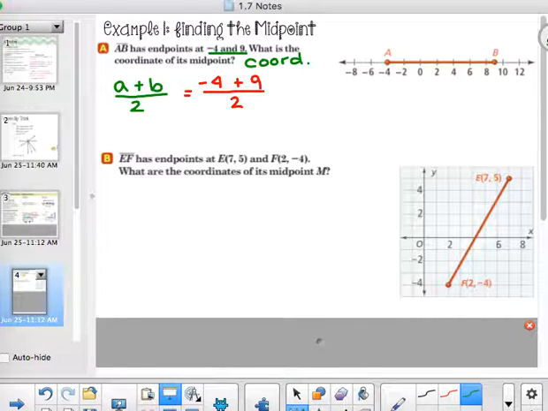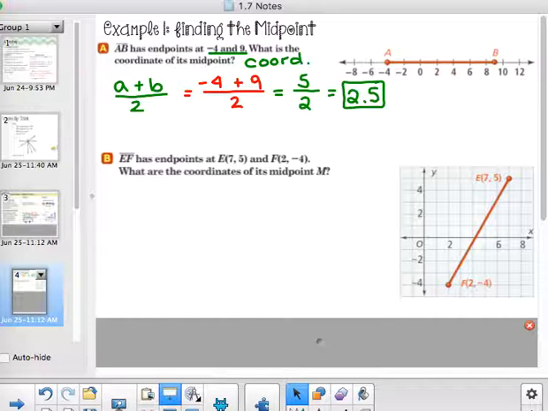I'm first going to work in the numerator. -4 plus 9 gets me 5 over 2. 5 over 2 is a decimal value of 2.5, so the coordinate of my midpoint is 2.5. It's perfectly acceptable to get a decimal answer. Personally, I'm a huge fan of leaving them as improper fractions, so I'm just going to leave mine as 5 halves. Because our midpoint was a decimal, this is a situation where showing your algebraic work is helpful versus using a visual approach.